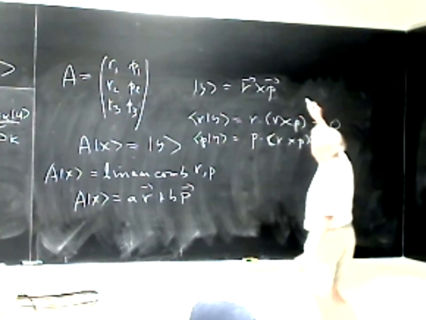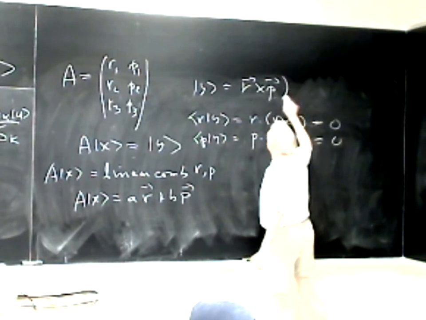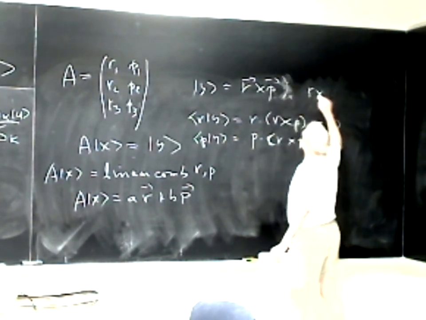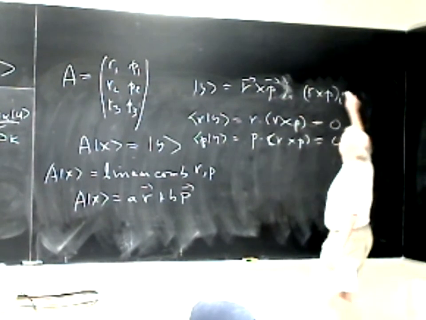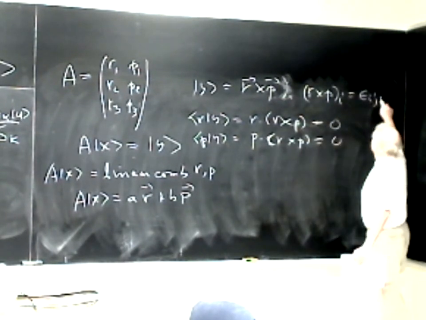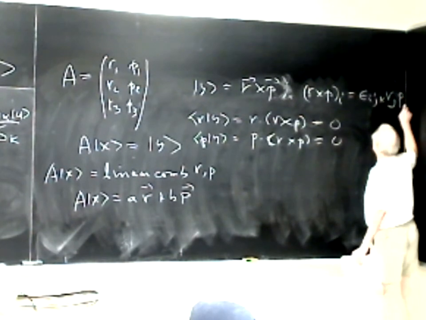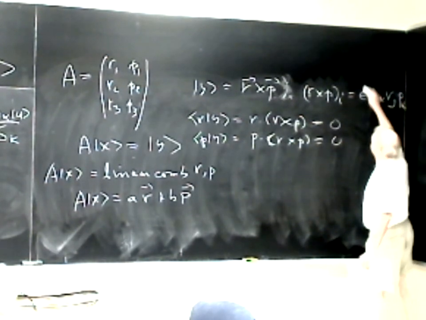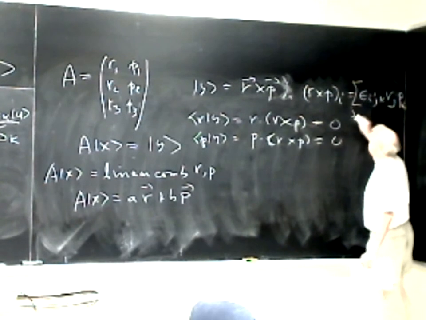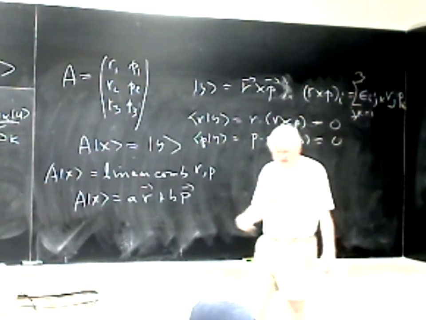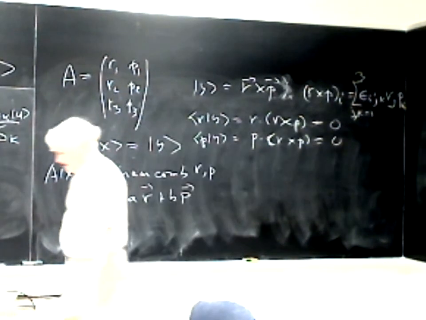And of course, R cross P is a vector whose, I'll rewrite it this way, i-th component is epsilon ijk R j P k summed over j and k equals 1 to 3, where epsilon is that epsilon ijk.